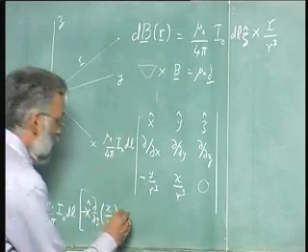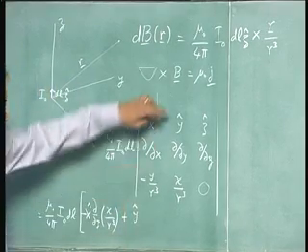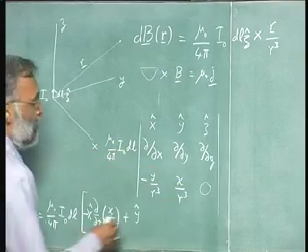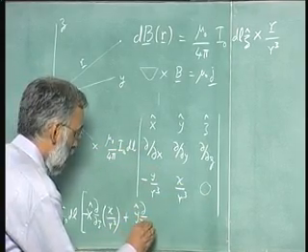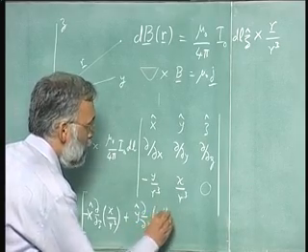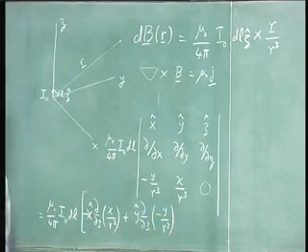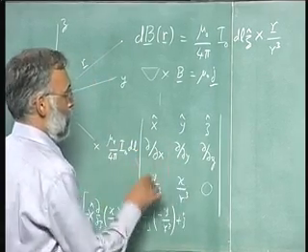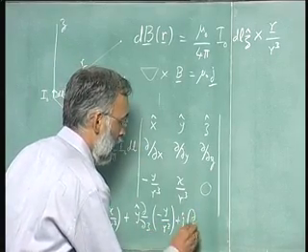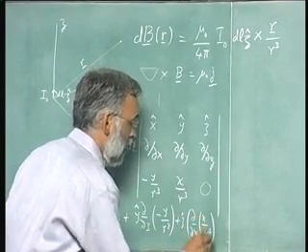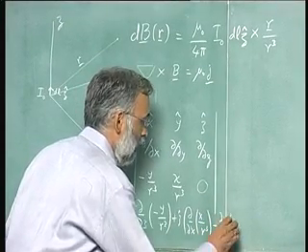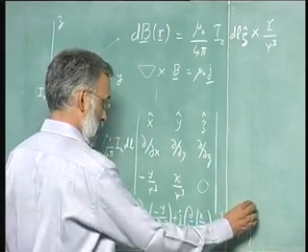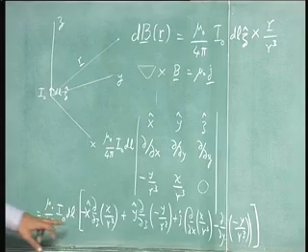The y hat component is going to be del del z of this quantity minus del del x of 0, so it is going to be del del z of minus y over r cubed, and then the z component is going to be these two terms, which is del del x of x over r cubed minus del del y of minus y over r cubed. So, it is a vector.